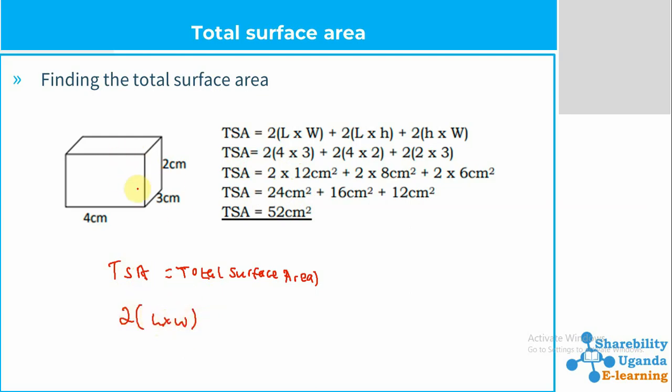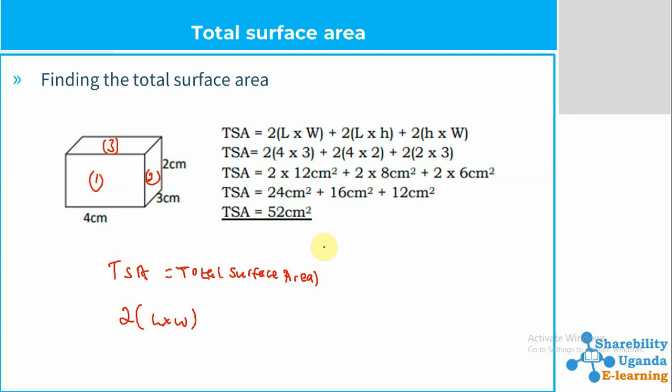Remember, if our cuboid is in the form of a rectangle, we can understand the faces that it has. For example, the one that we have here, we have our face 1, face 2, and face 3. These are the faces that are in that.